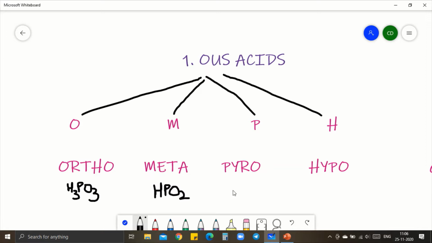Coming to pyro, add these both. H4P2O5. Coming to hypo, just remove one oxygen from this ortho.